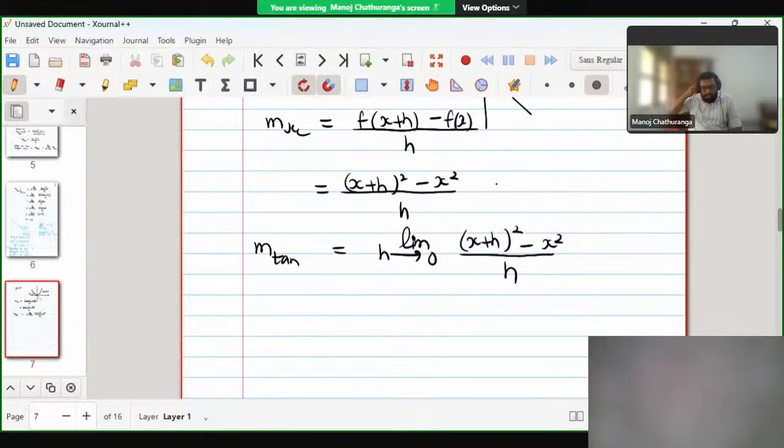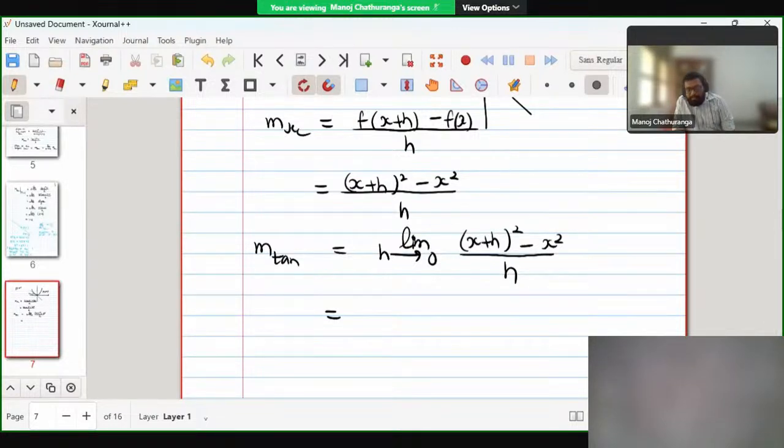So in this computation of limits, we say h goes to 0. We don't worry about x. For this computation, x is like a constant. It doesn't change. It will be there, but you don't need to worry about it. We need to focus on h. So how can we solve this?